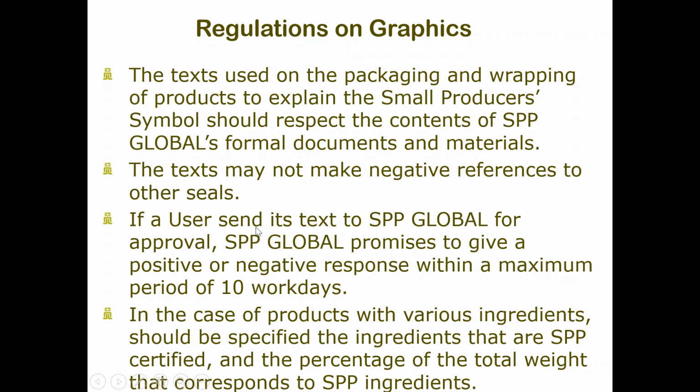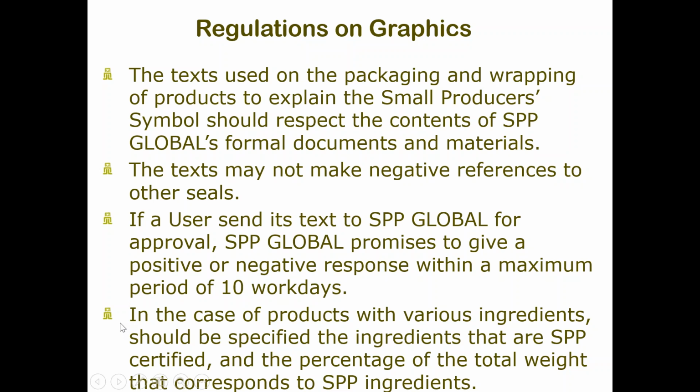If a user sends the text to SPP Global for approval, we promise to give a positive or negative response within a maximum period of 10 work days. Usually it's more or less around 2-3 days or even less. In some cases the approval is not the same day, but this is just to establish a period.